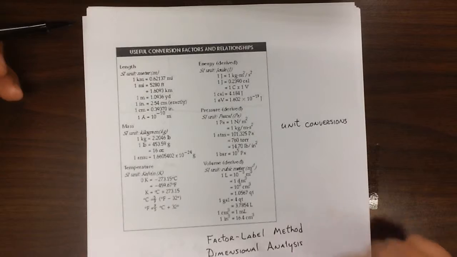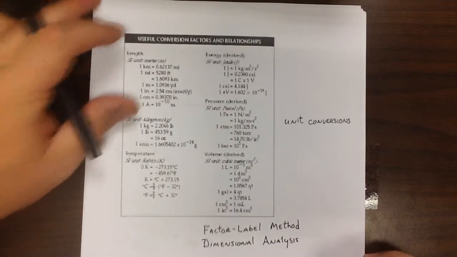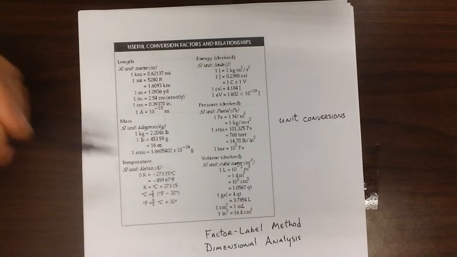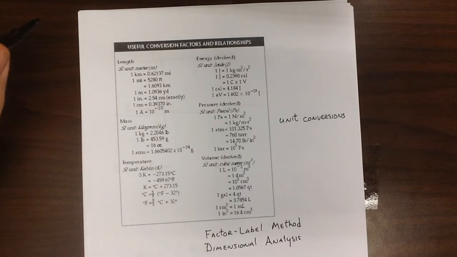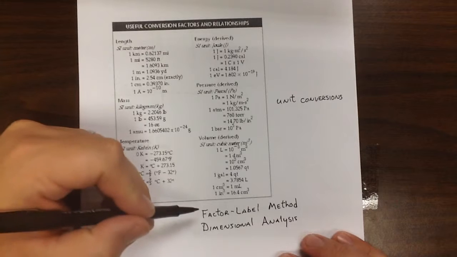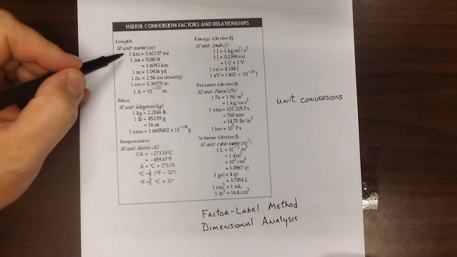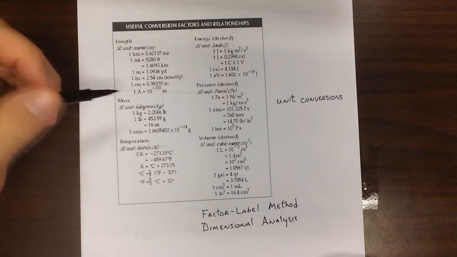In fact, every single test that you take this year and while you're doing lab work, you will have access to a conversion table that looks like this. What I'm going to show you through using factor label method and dimensional analysis is how to use these factors in order to solve problems.